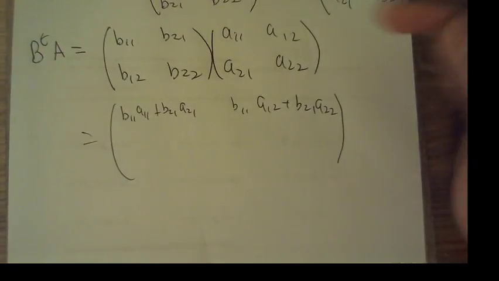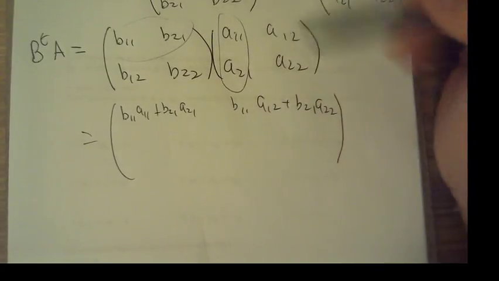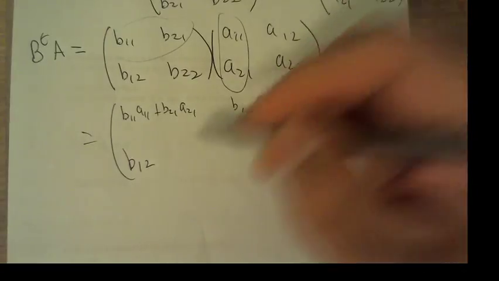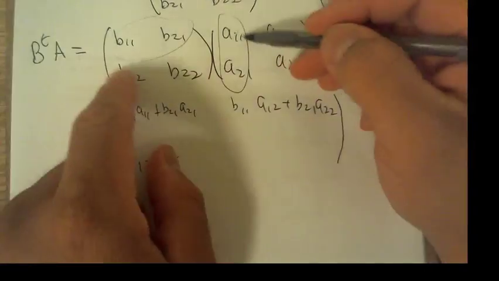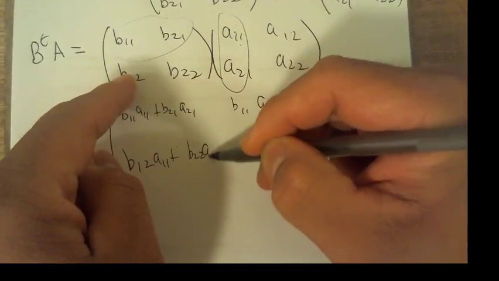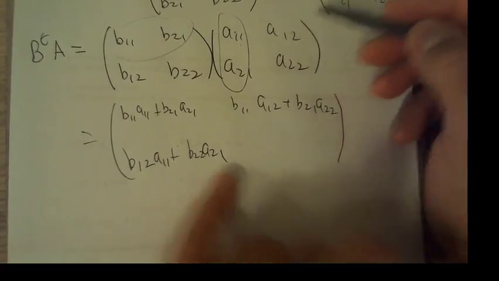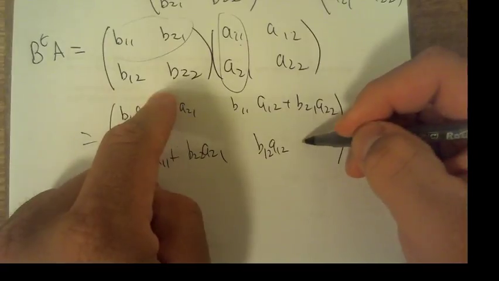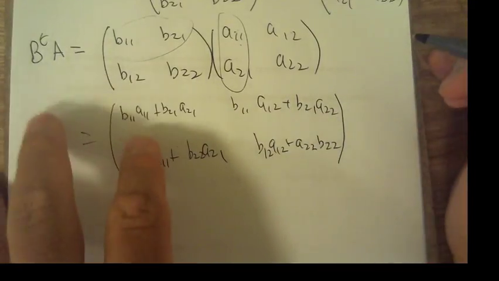Again, I'm just doing the symbolic matrix multiplication, from here to here, and then from here to here. And then down here we'll get B12, and then here we'll have B12 A12 times A22 B22.